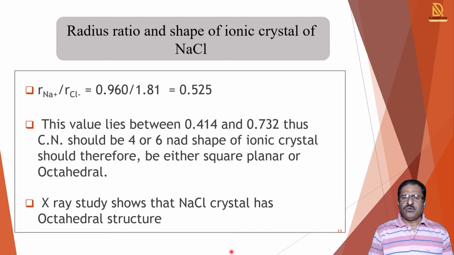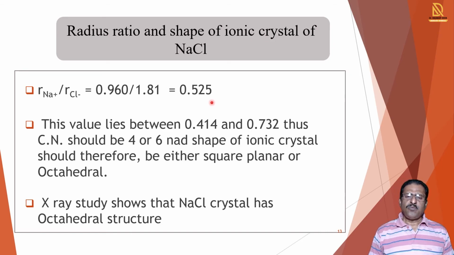This radius ratio and shape of ionic crystal we see in the case of NaCl. So we take the NaCl example, and according to that we see the radius ratio and the shape of NaCl. The radius of Na plus is 0.96, and for Cl minus the value is 1.81. By taking the radius ratio of Na plus and Cl minus, we get the value 0.525.